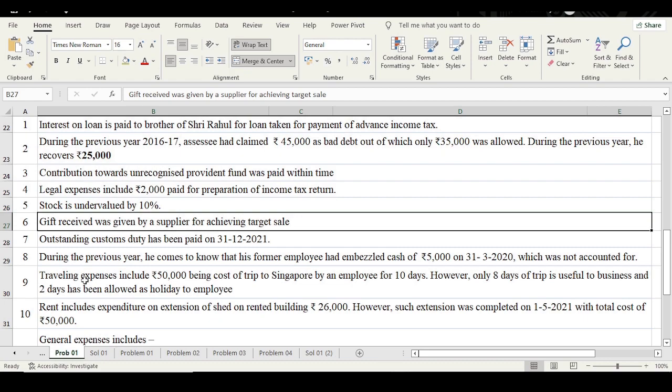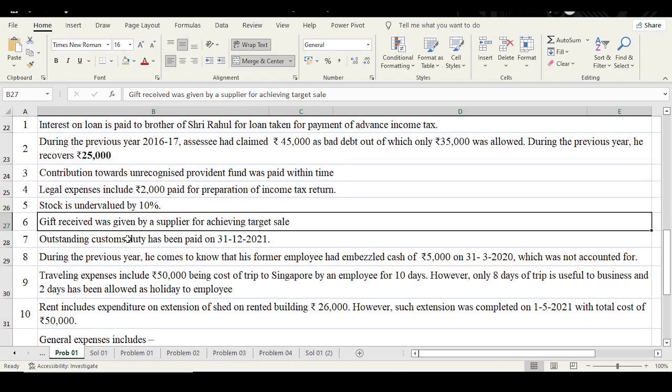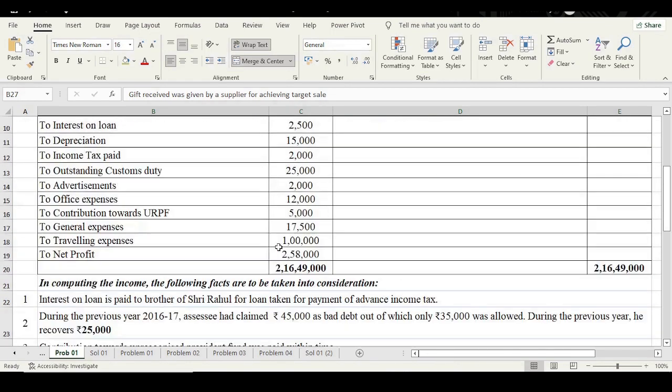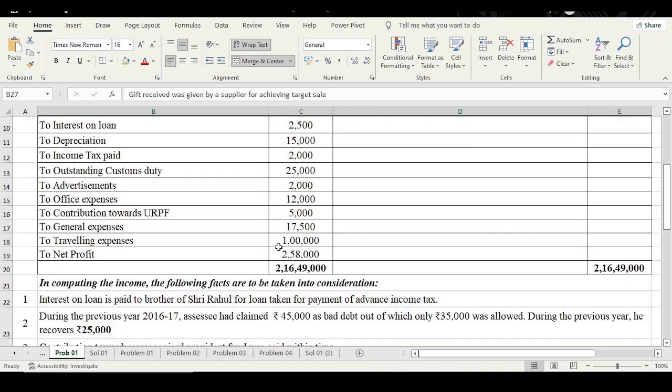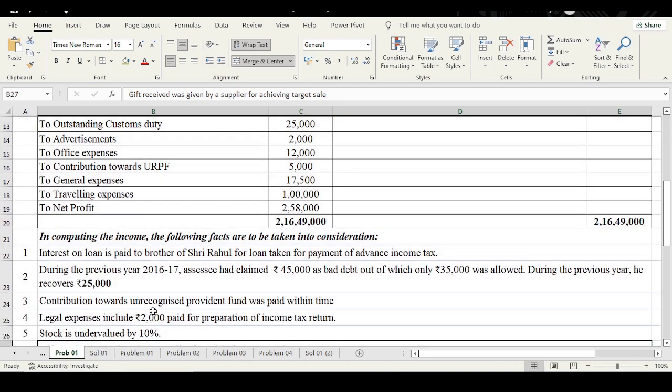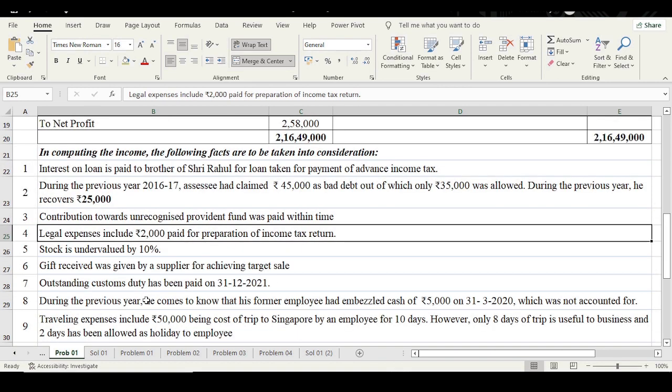Okay, let me take you to the provisions quickly over here. Loss of cash by an employee through embezzlement is an allowable expenditure. Okay, since it is an allowable expenditure, we need to account for it. Whether it has been entered on the debit side of the P&L account, no. Okay, as such, it is an expense which is allowed but not debited to P&L account.